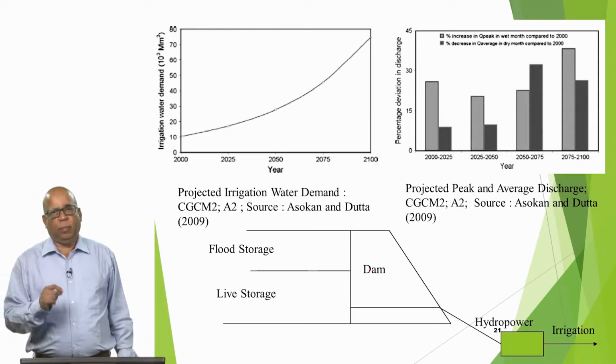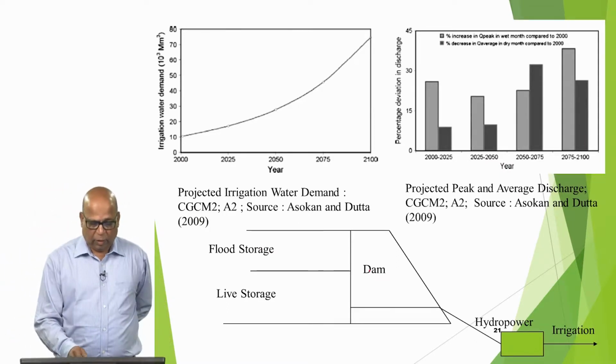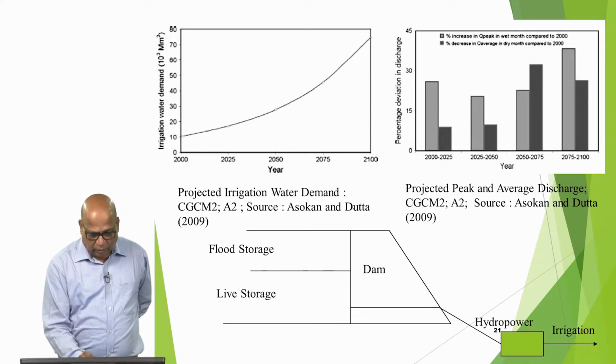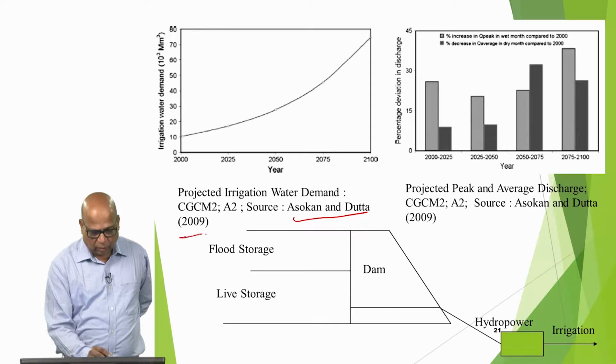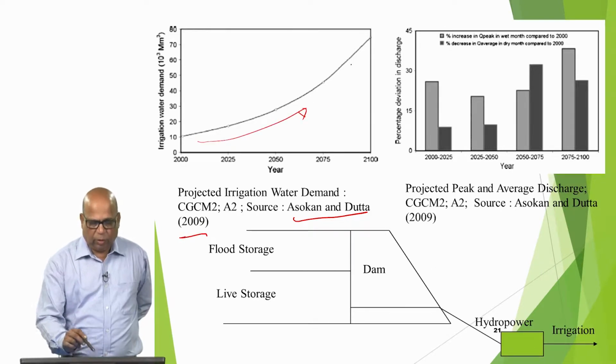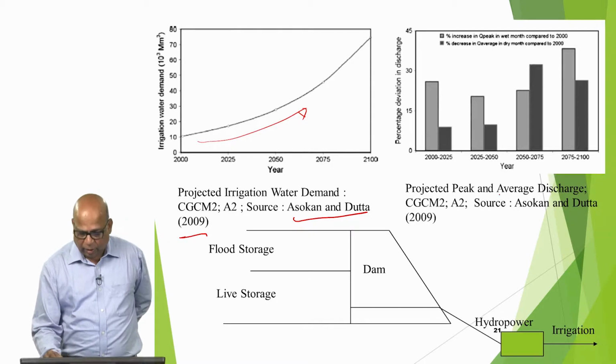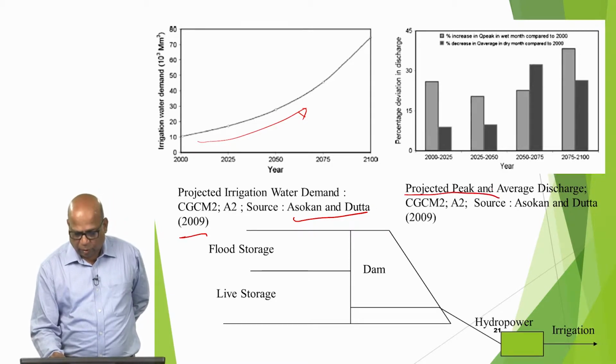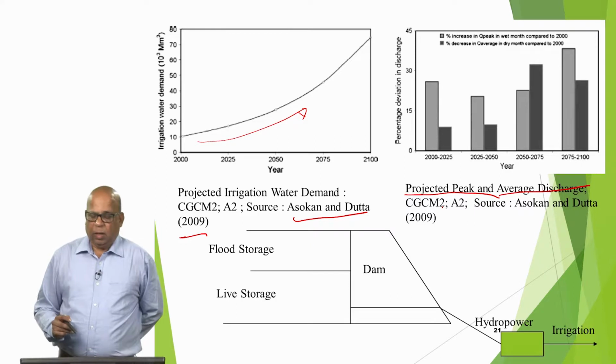So, for the same Mahanadi river and at the same Hirakud reservoir, there are other studies that are available, by Asokan and Dutta, who showed how the irrigation demands are likely to increase. Similarly, they have also shown how the projected peak and average discharges are likely to behave.